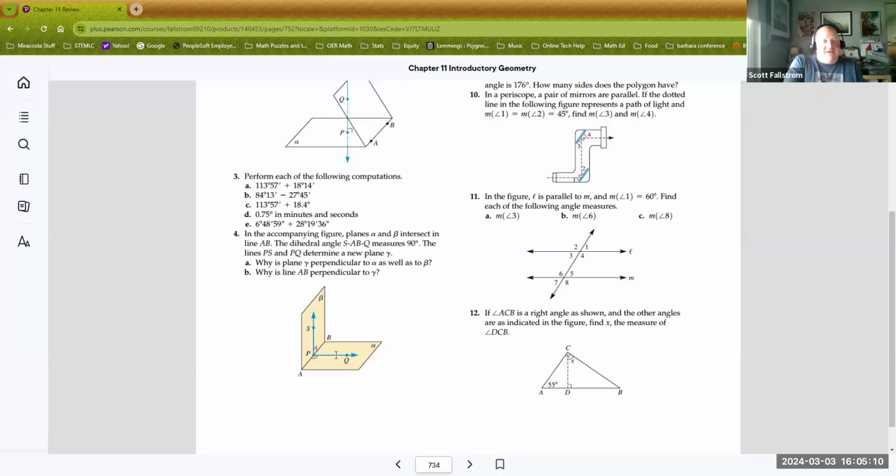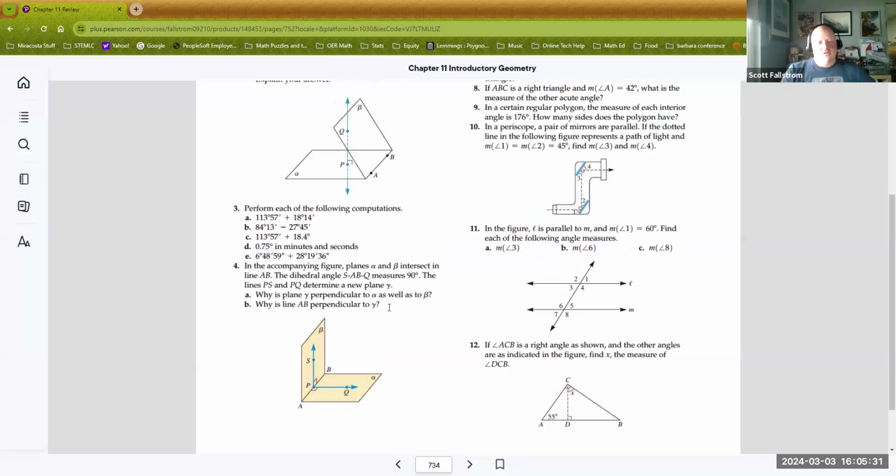If you were standing up against the wall and looking at that piece, any line on that wall that goes through is going to form a 90-degree angle. Anything on line AB that you go through is going to hit that plane and be perpendicular. So there you go. So that is 4.